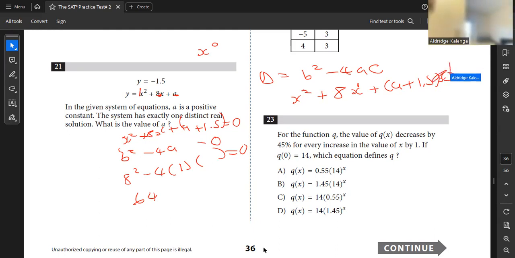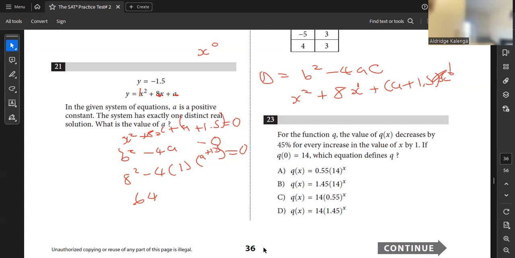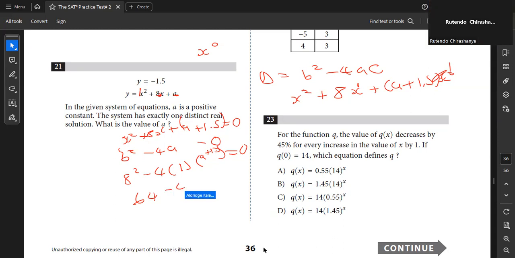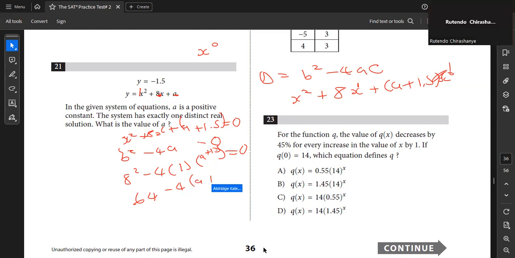So now we know that the constant is a plus 1.5. This is what Rutendo was telling us as well. Let's go on.